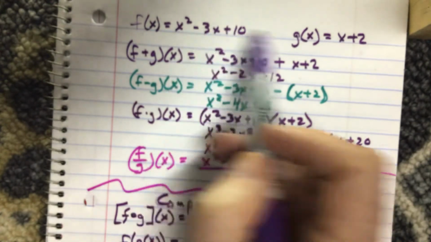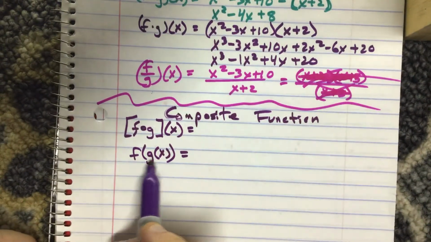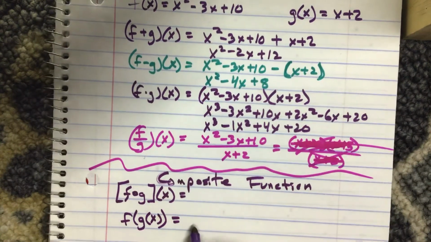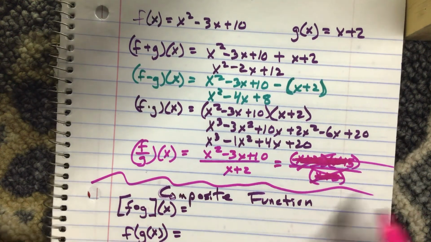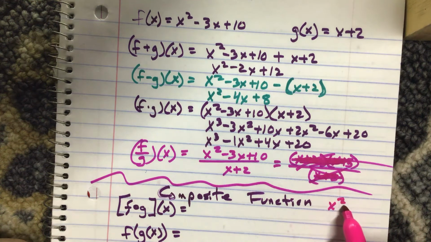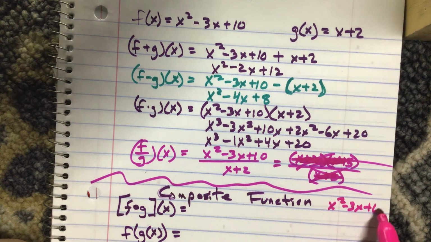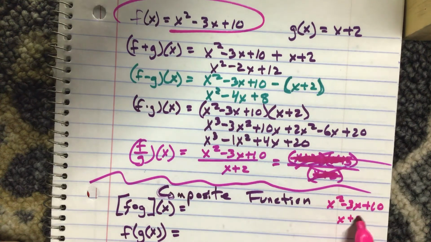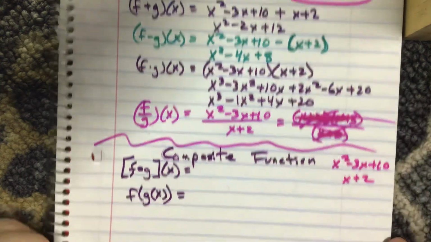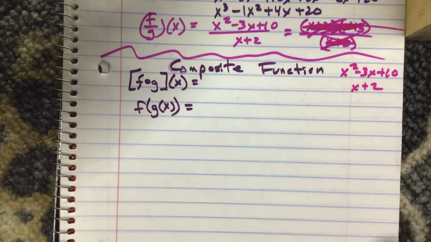Going back to the original function here, if I said f of 2, you would write the f function, which was, let me rewrite these. F is x squared minus 3x plus 10. I'm copying this from up here. And g is x plus 2. That's from here. Okay, so I don't have to keep going back and forth.